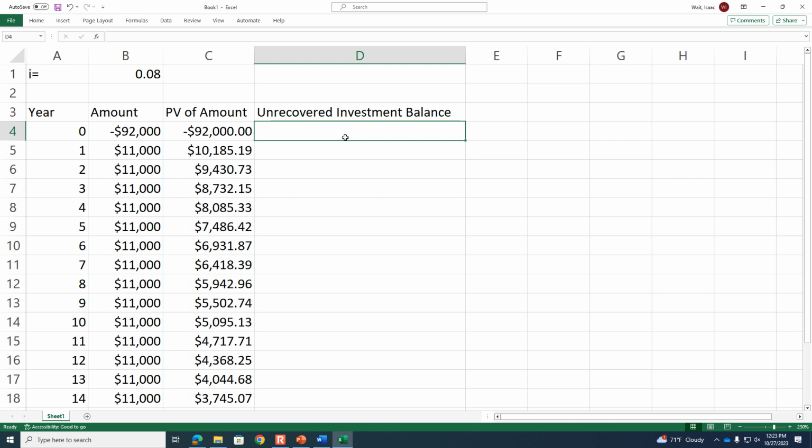And then at time zero, the unrecovered investment balance is just the original amount. But then that's gradually going down by the present value of the amount. So it is the previous year's unrecovered investment balance plus the present value of that year's revenue.